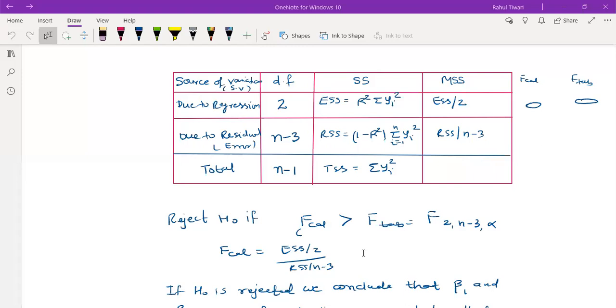Okay. So your T cal is a difference from the population mean. It's a ratio of the difference from the population mean to the standard error. That is your T calculated. Yeah, exactly. Difference upon standard error. Absolutely correct.